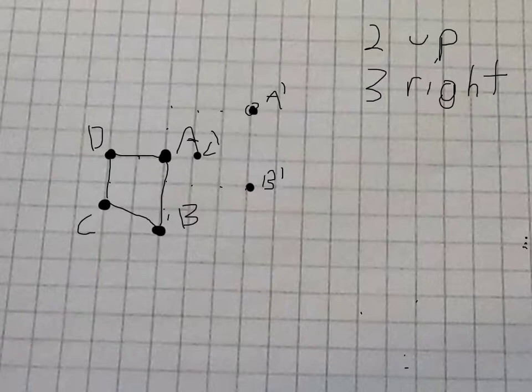And for D, 1, 2 up, and 1, 2, 3. So that's your new D point. And when you connect it all together, you have a translated image.